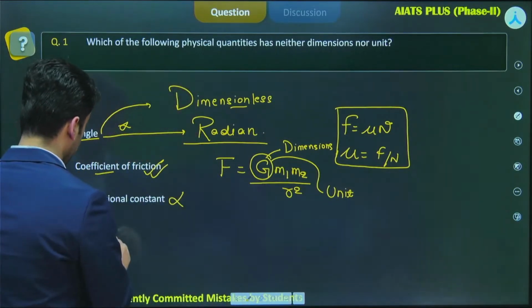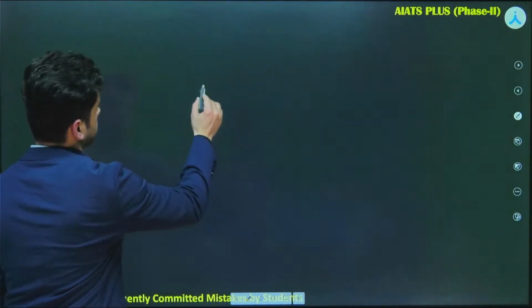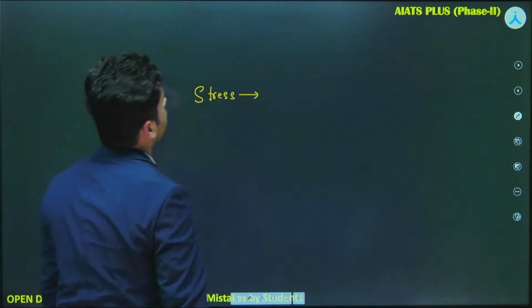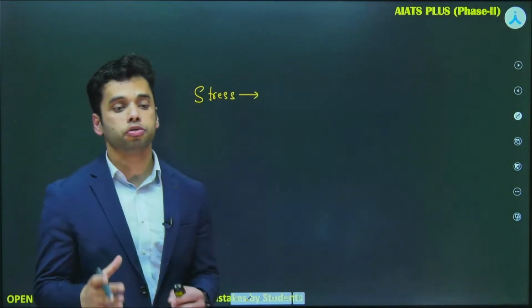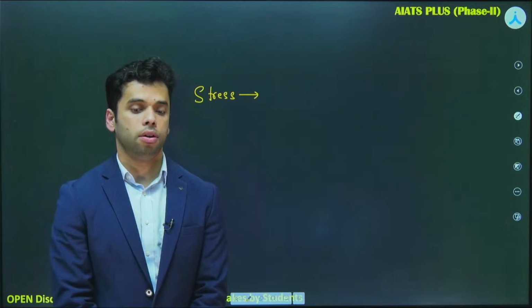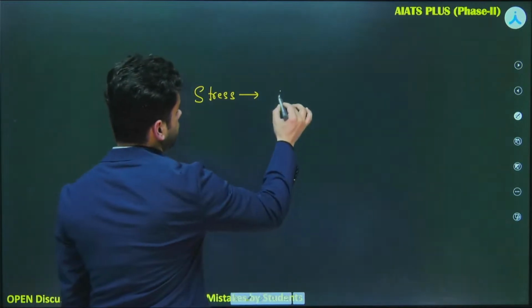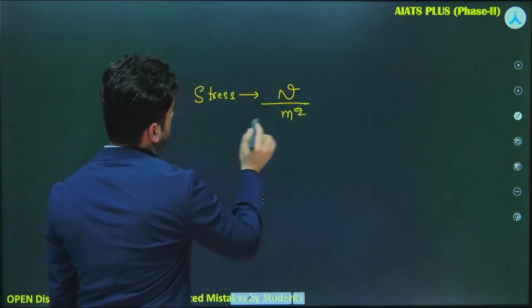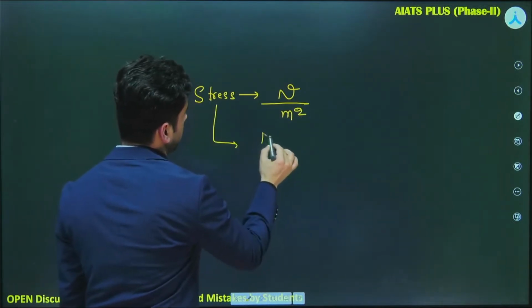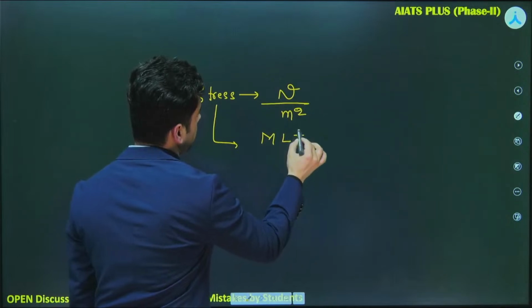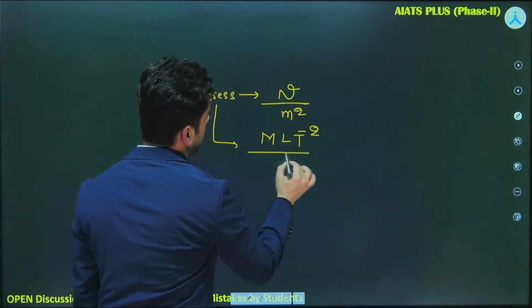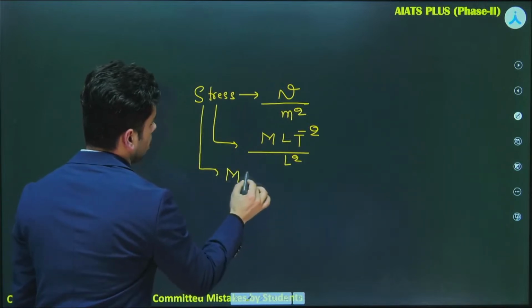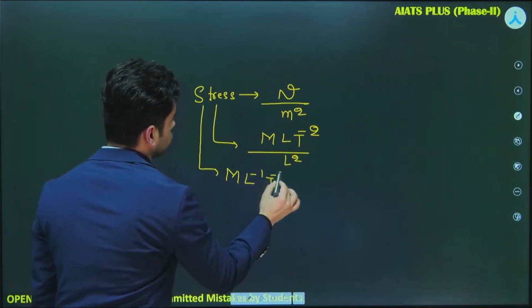Let's talk about stress. What is the unit of stress? Anyone can put the answer in the comment box. What is the unit of stress? It's Newton per meter square. So it has got a unit. Let's find out the dimension. So it is M L T minus 2 by L square, so it becomes M L minus 1 T minus 2.